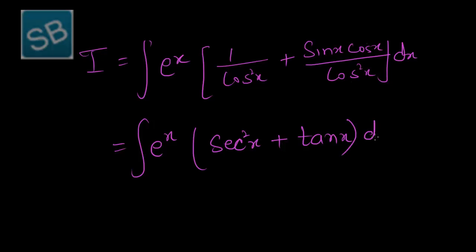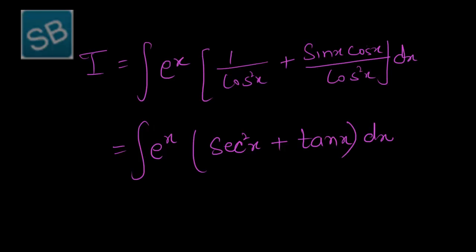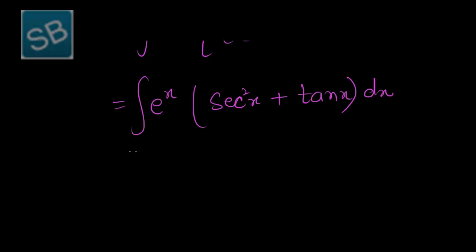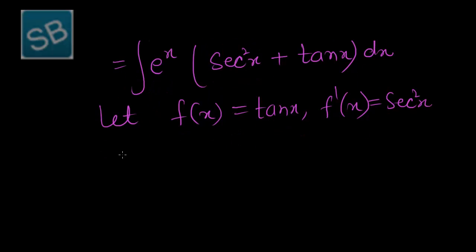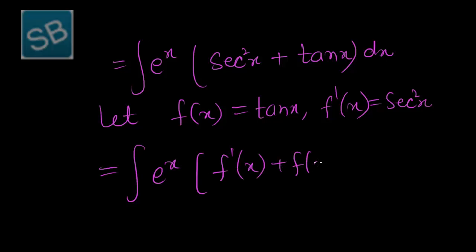If we see here, let f(x) be equal to tan x, then f dash x is secant square x. So this is the form of the integral of e raised to power x into (f dash x plus f of x) dx.